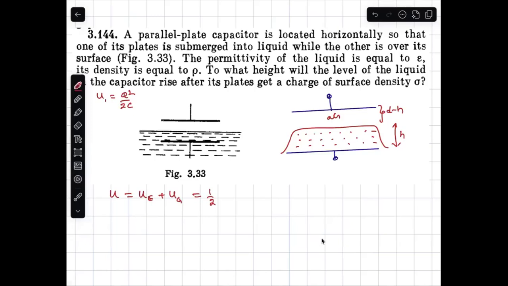Q is sigma A. You can write this as sigma square A square by 2 epsilon naught A by d. This can be written as sigma square A d, where A d refers to volume, by 2 epsilon naught. Whether you knew this in the previous week or not, I don't care, but I have given this right now. At least please say yes or no for this.